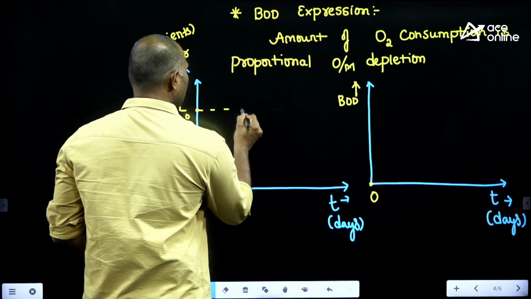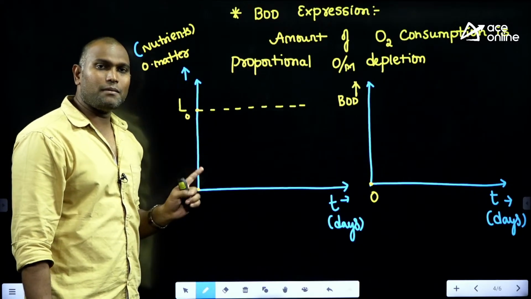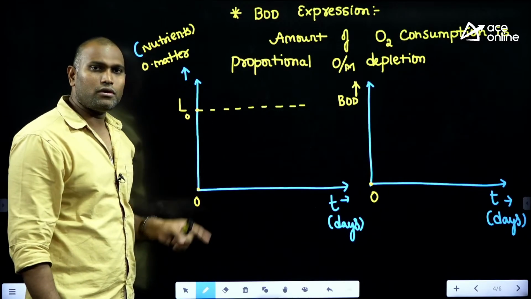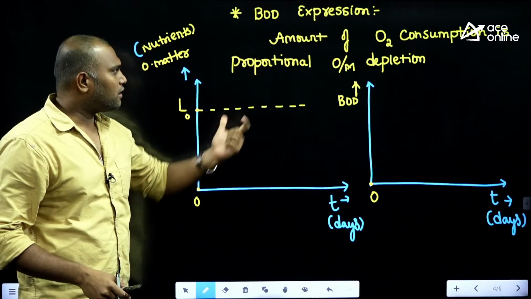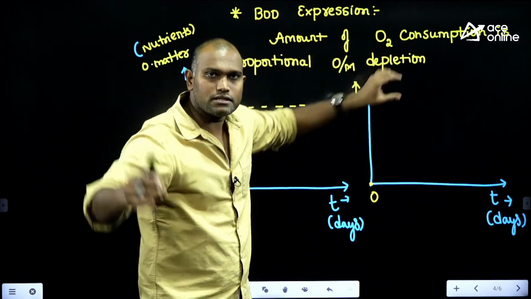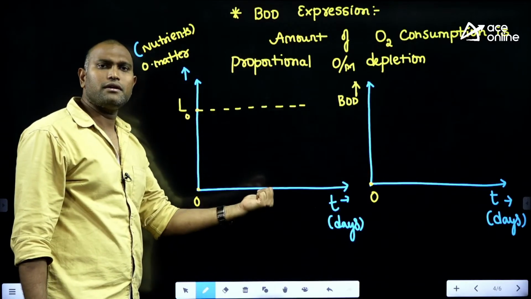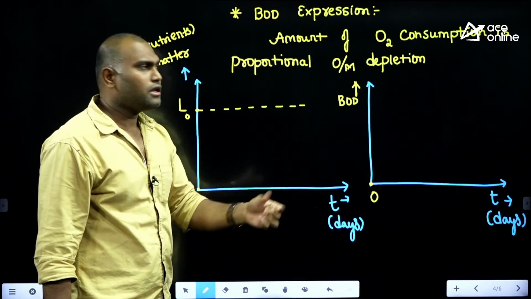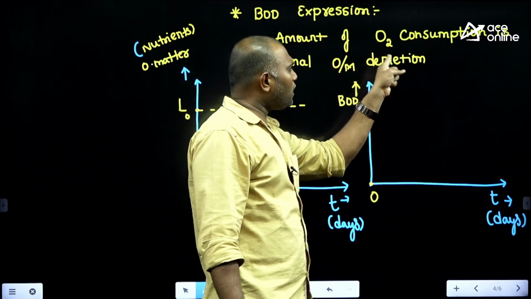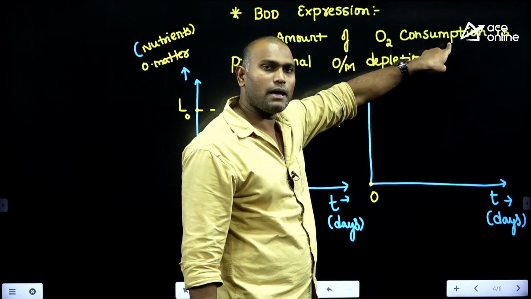So now this also implies that if this is the total amount of organic matter, then that much organic matter has to deplete or not? Yes. If this is the total amount of organic matter, it has to deplete. When it depletes, that much amount of oxygen consumption is going to happen, right?